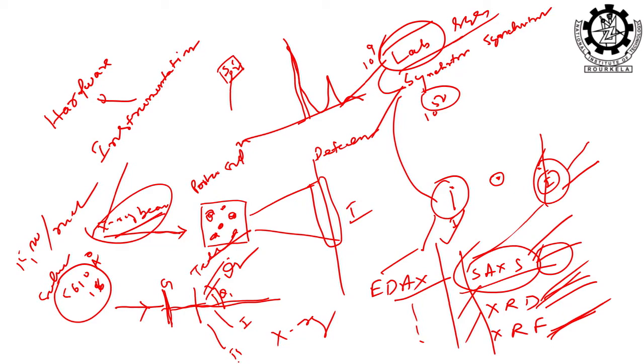Sometimes the second order is not visible, you can see only the first order. If there is no proper alignment of the spectrometer, it may not be possible to see the second order. That is the role of intensity in diffraction and scattering experiments. The intensity drastically reduces in comparison to the source intensity.